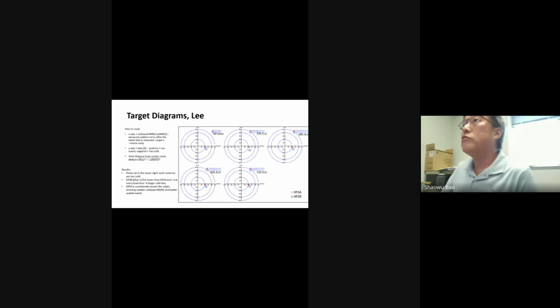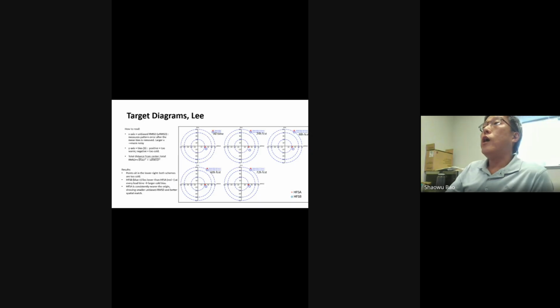And now we move to the so-called target diagram. How to read the target diagram? The target diagram separates the errors into a bias and the unbiased root mean square deviation.